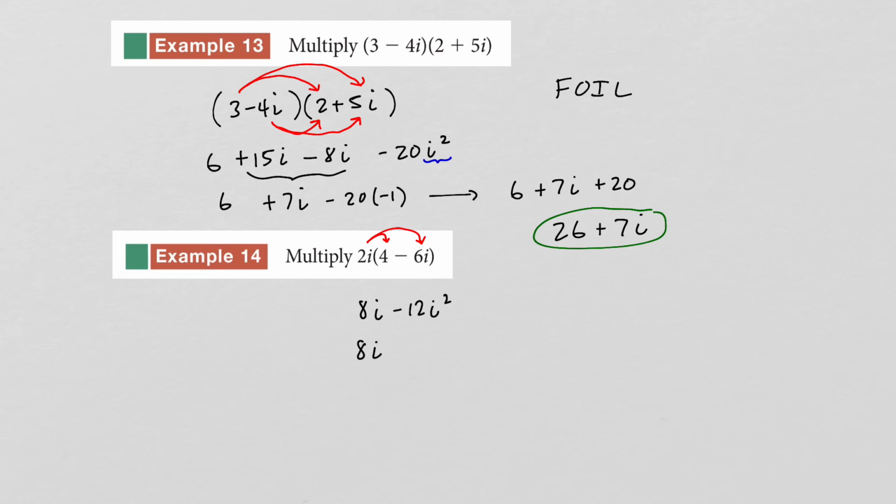And then all that remains is to remember that i squared is negative 1. And so this becomes 8i minus 12 times negative 1, which is positive 12. Now this answer is correct, but let's remember that when a complex number is in standard form, the real part should be first, and the imaginary part should be second. And so we should rewrite this as 12 plus 8i.